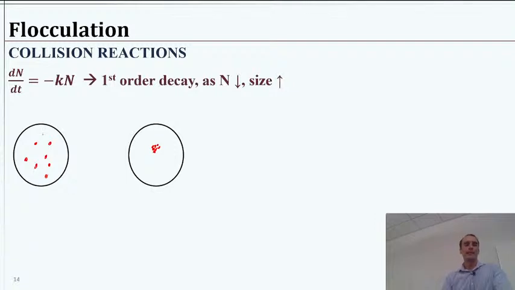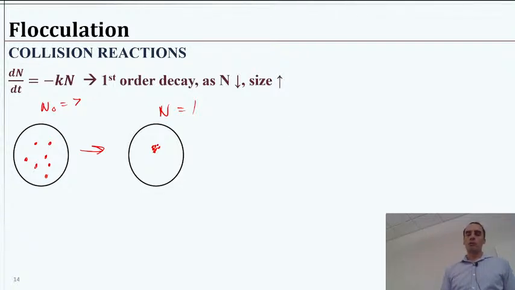So in this case, we have some initial n as 7 particles per little circle volume, right? So 7 particles per volume. And then after some mixing, after some flocculation, now we have 1 particle. It's just one larger one, right? So what we're saying is we're decreasing the number of particles, thereby increasing the size.